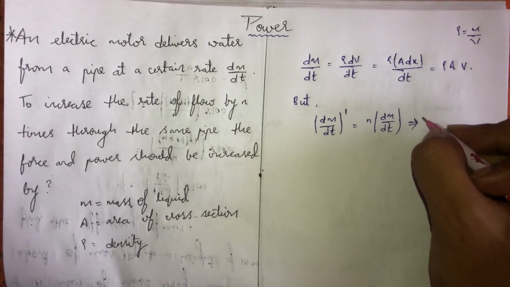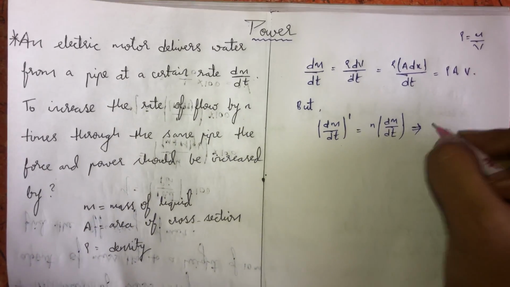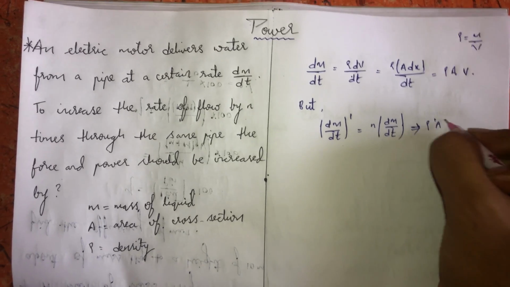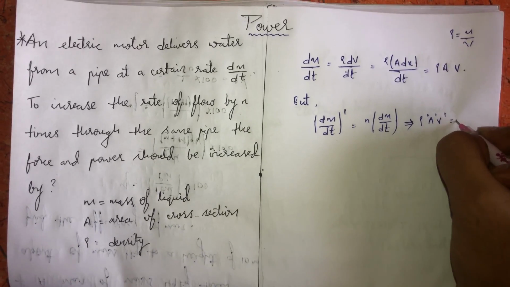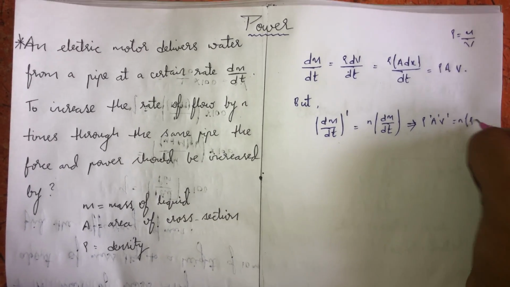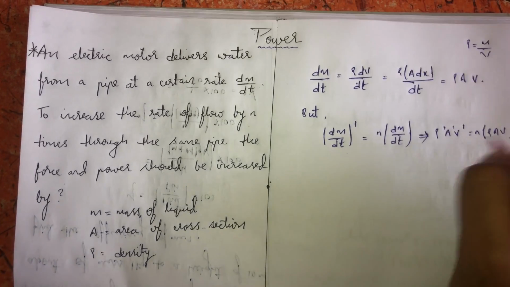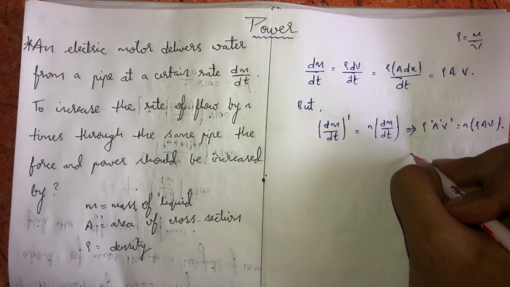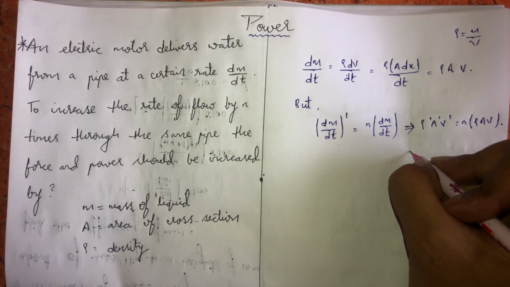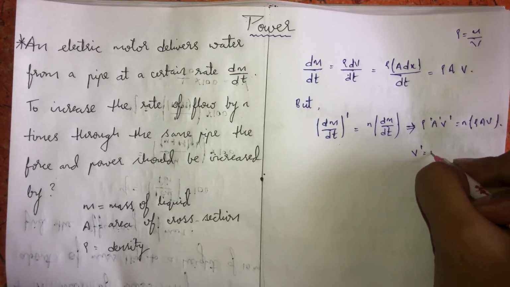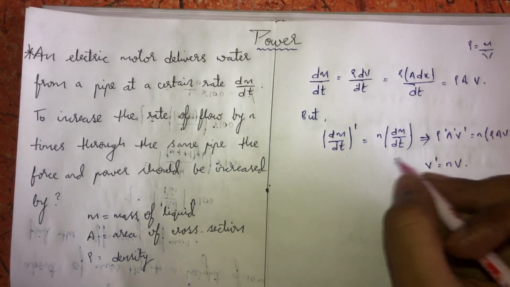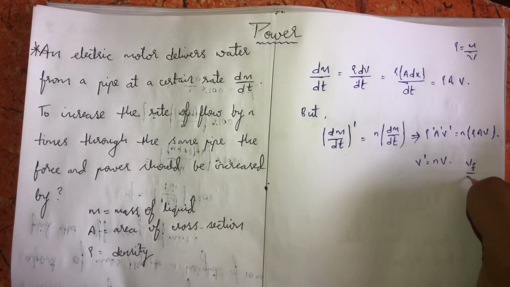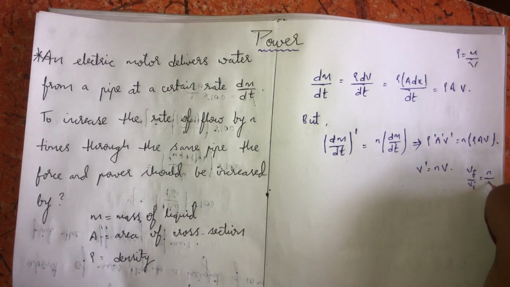So dm by dt final is rho final, A final, v final, which equals n times rho A v. So v dash, the final velocity after increasing the flow by n times, will be equal to nv. Therefore the ratio of velocities, v final by v initial, is n by 1.